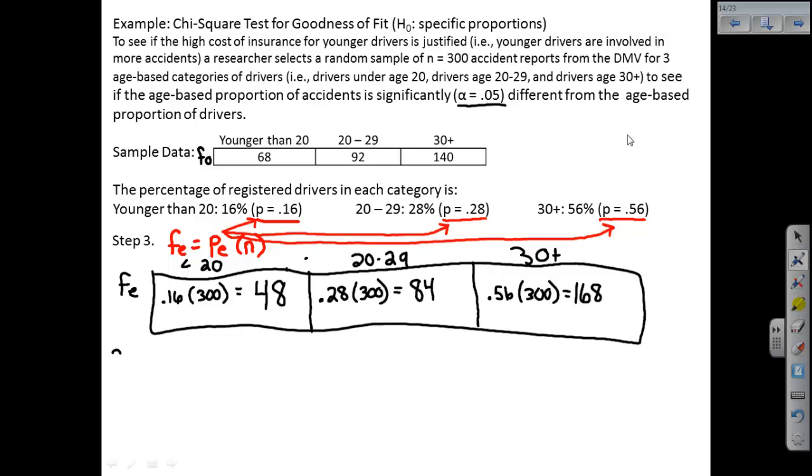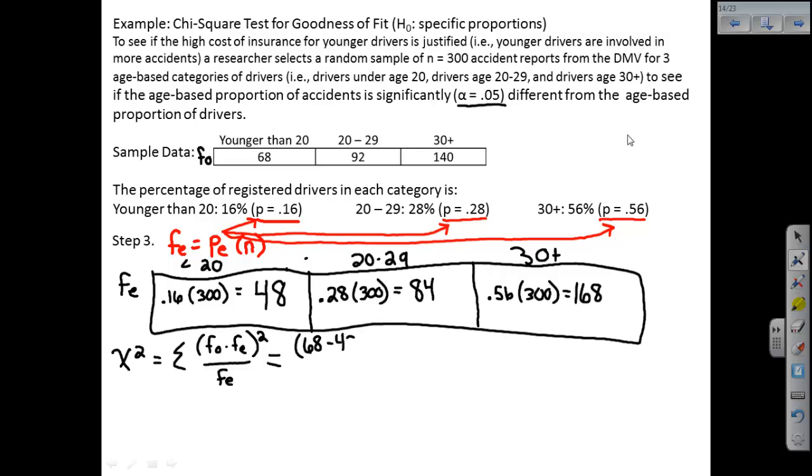So let's go ahead and calculate our test statistic to see if it falls in our critical region. So the sum of each observed frequency subtracted by its respective expected frequency, squared, divided by the expected frequency. Again, each group, so we're going to have 3 of these because we have 3 groups. So the first one, younger than 20, we observed 68.